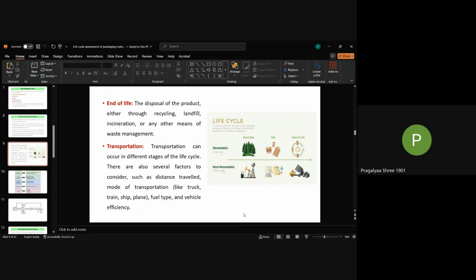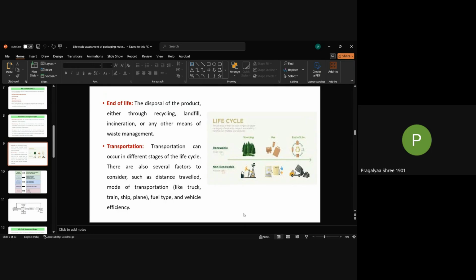The next is transportation. Transportation can occur in different stages of the life cycle. There are also several factors to be considered in transportation, such as how much distance it is going to travel, how we are going to transport it, like truck, train, ship, or plane, and fuel type and vehicle efficiency. All this leads to some amount of losses.